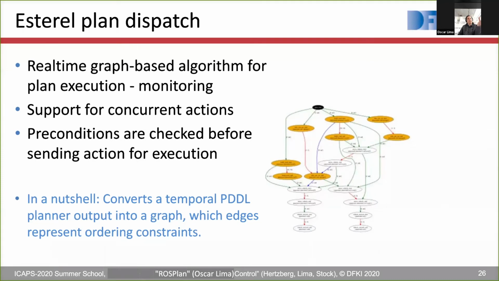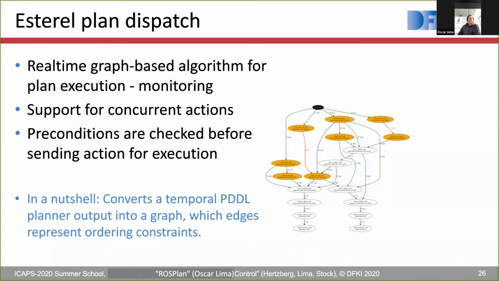So this might seem trivial, but it's actually a lot of steps. You need to query the knowledge base to get the operators, and then you need to fetch the preconditions, and then you need to compare the current state of the knowledge base and match these two. And Sterile does that for you.